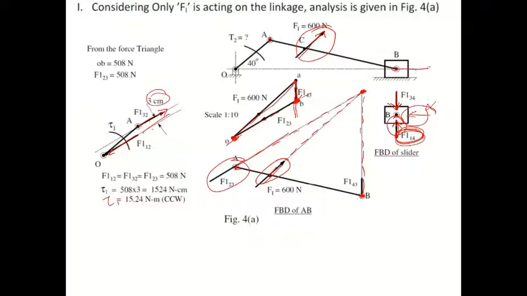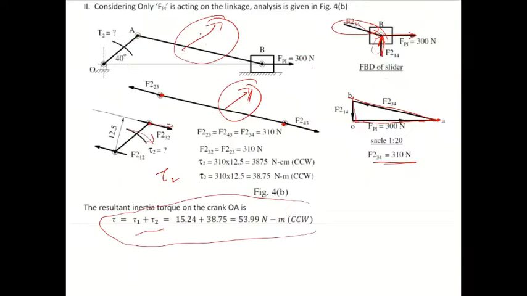We can include the inertia force in the first step itself and solve it, but we will get multiple unknowns, and the problem will be very complicated. That's why in the first stage I am not including this inertia force, and in the second stage I am not including this inertia force.